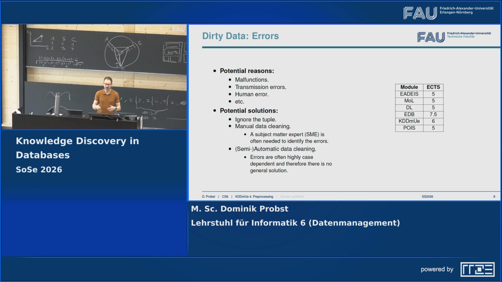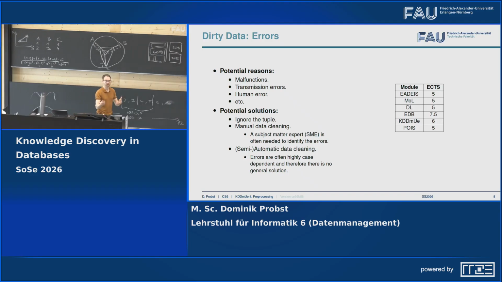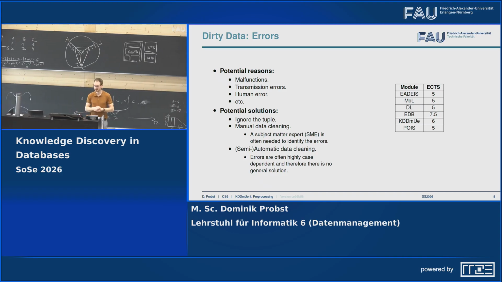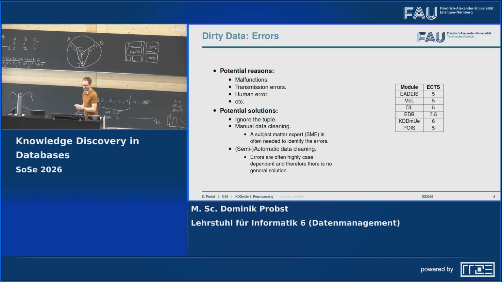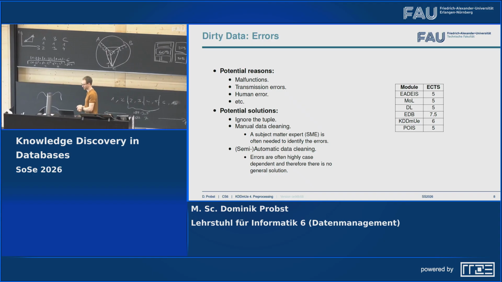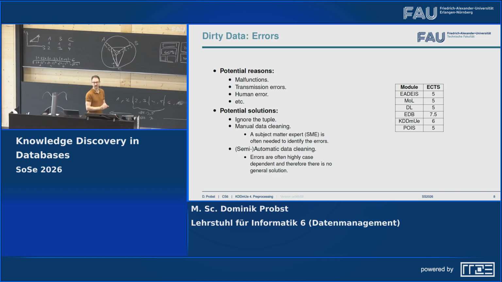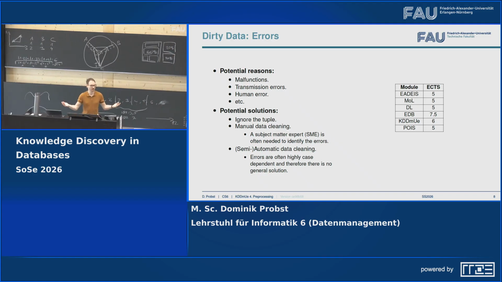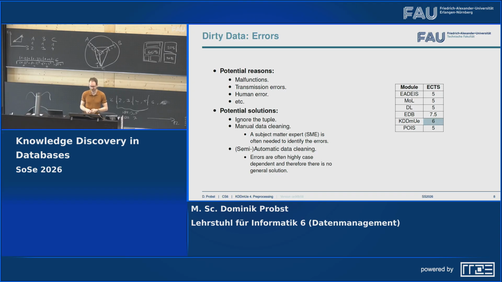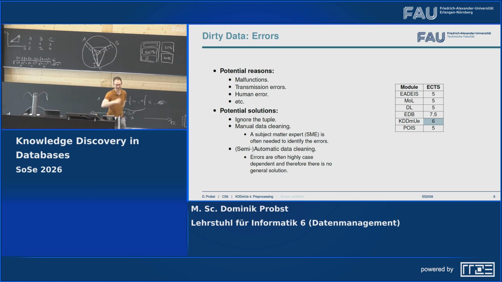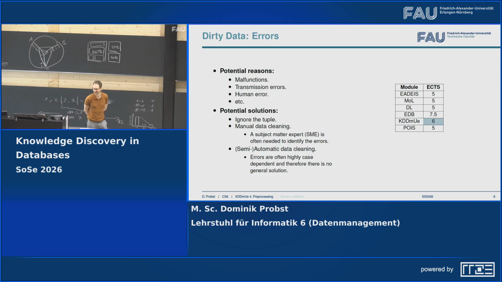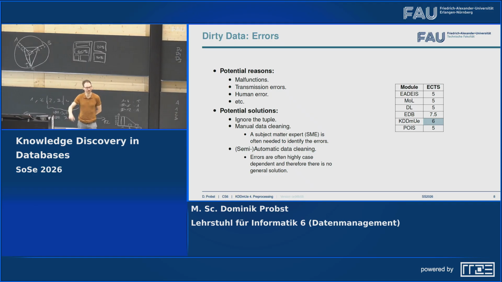Then we can, of course, have errors, so problems with accuracy. These can, again, be caused by human error. They can be transmission errors. They can also be malfunctions of any sensor, for example. If we're taking a look at this value in here, we know, or you should know, that KDD with exercises gives you 5 ECTS, so that's an obvious error.